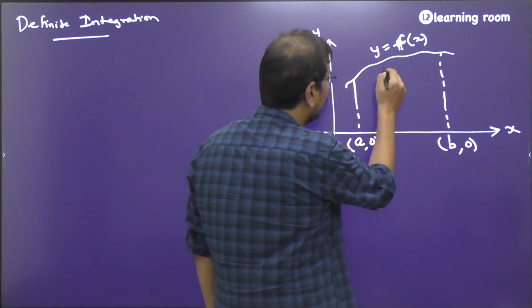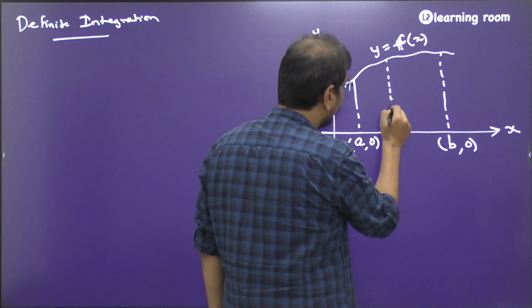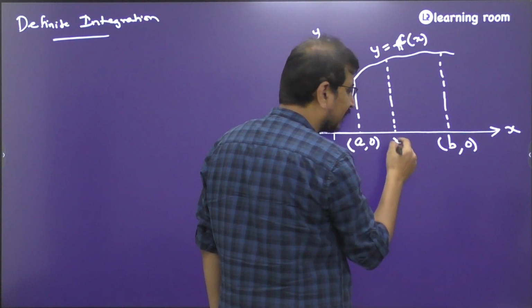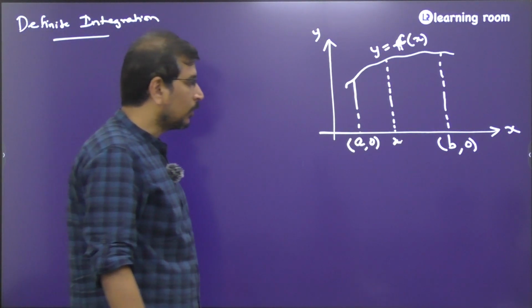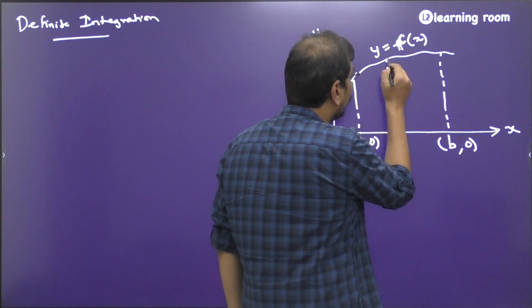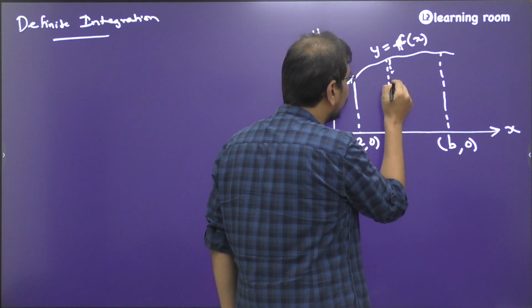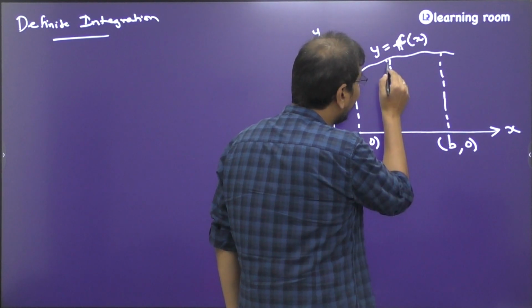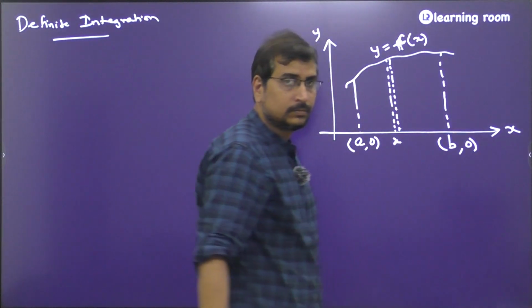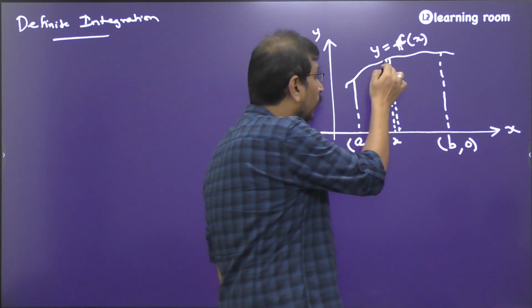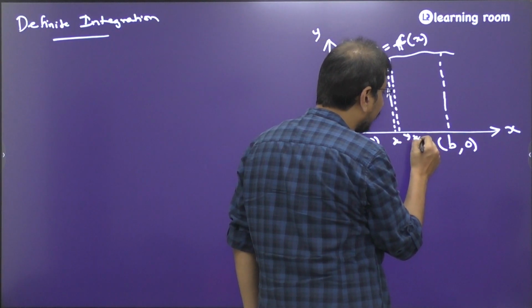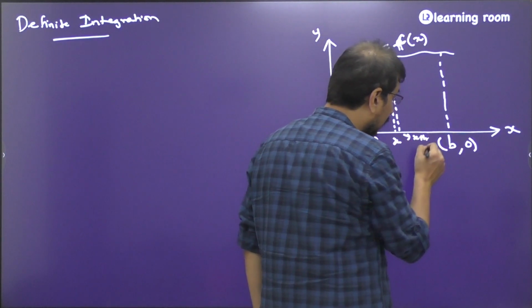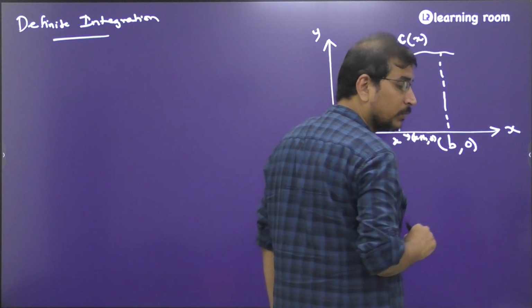Now, if I drop a perpendicular from here, let me call it some x. Now, I'll take another point which is very close to this point, so that I take that point to be x plus h comma 0.